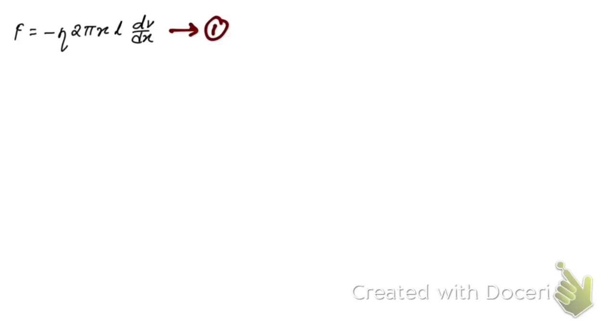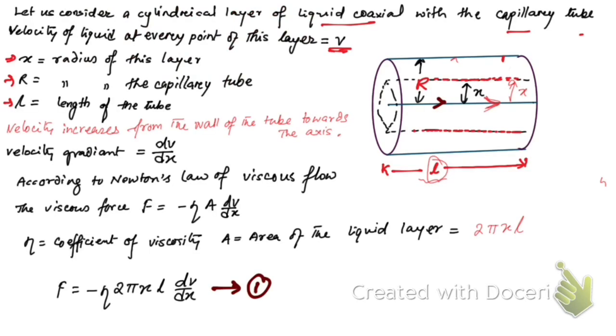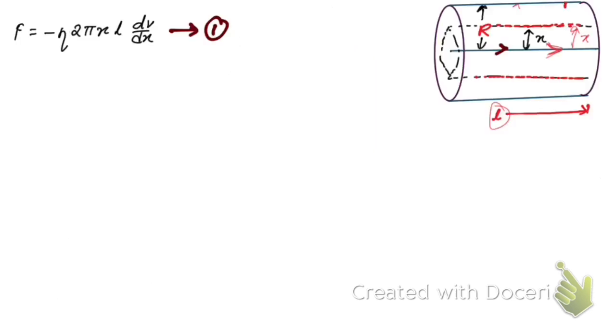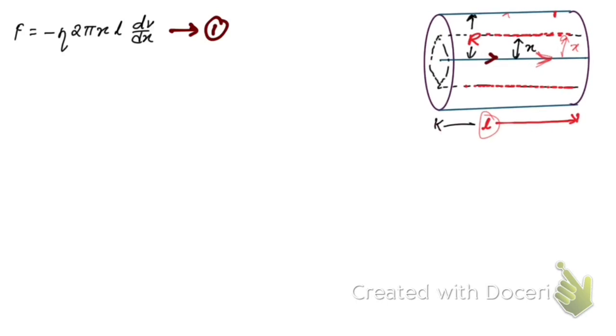Now you see the pressure difference. Just wait, let me copy the diagram as well. Here is the diagram. This is the length L, right? Now the flow of liquid is maintained by the forward force due to the difference of pressure.